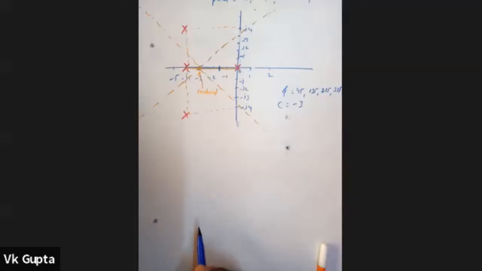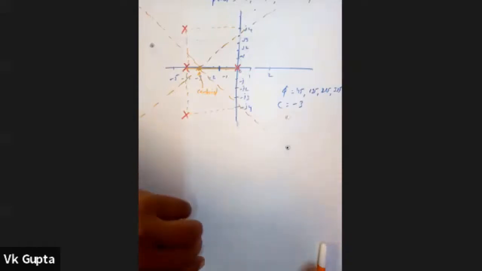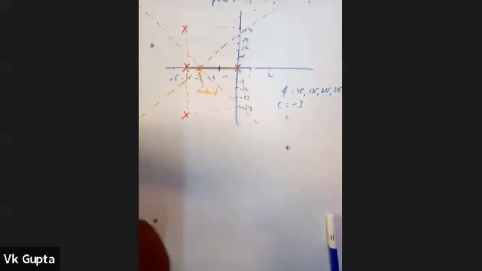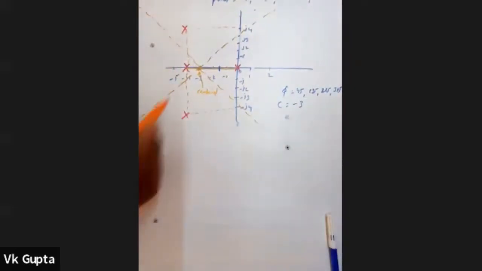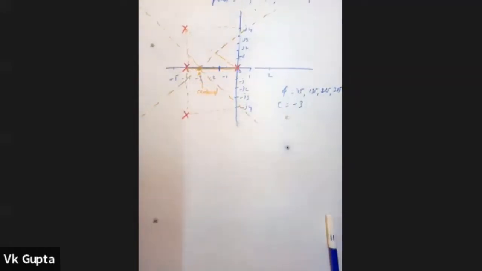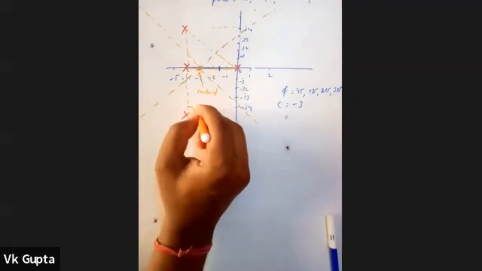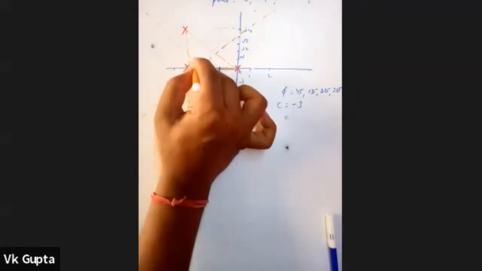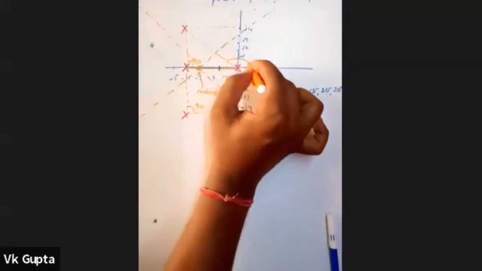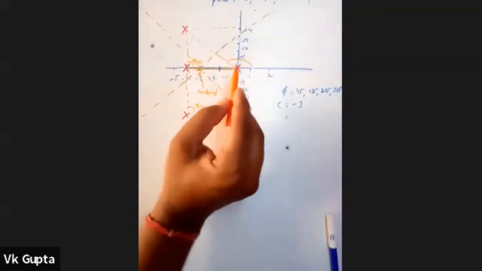Next, angle of departure. For that, you have to join this line also. So this becomes 90 degree. This is also 90 degree. And measure this angle. What is this angle?